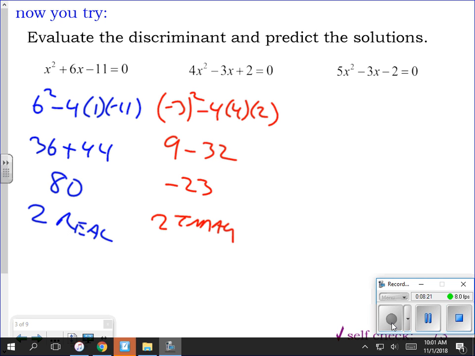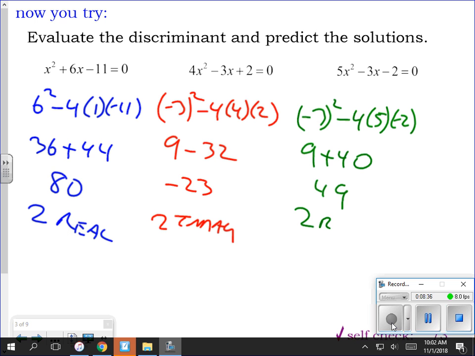And then last but not least, negative 3 squared minus 4 times 5 times negative 2, which is 9 plus 40, or 49, which gives me two real. And so those of you who assumed you were going to have one of each answer, you were wrong.